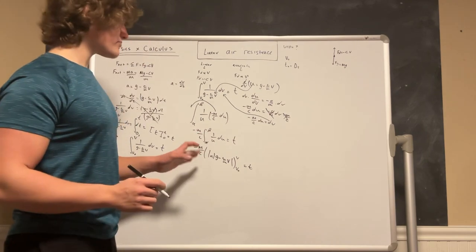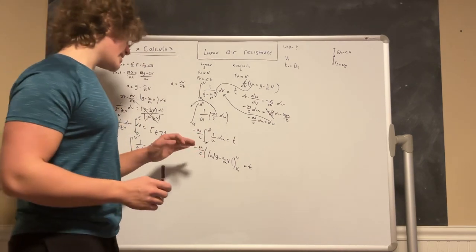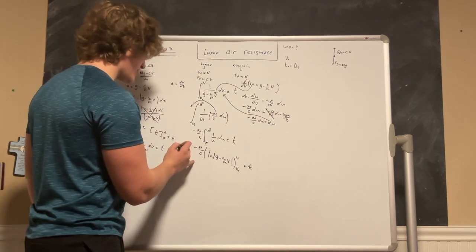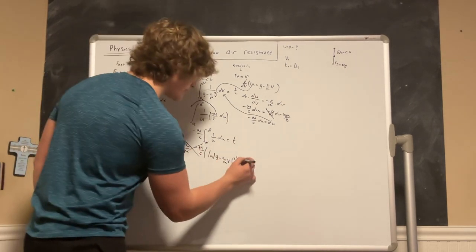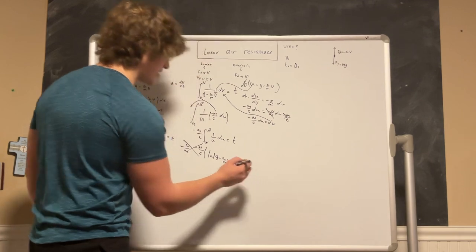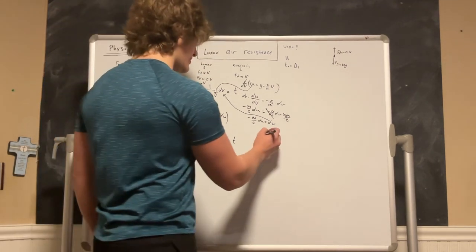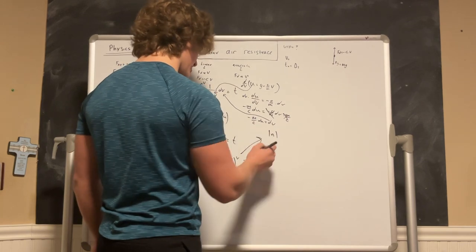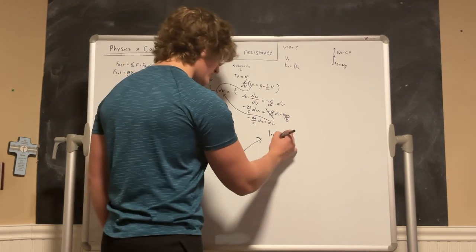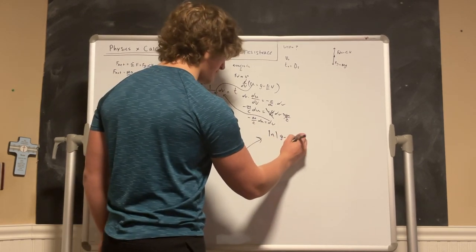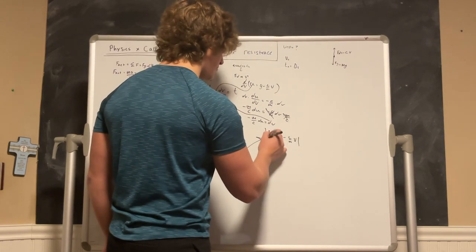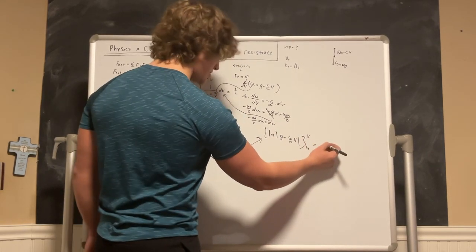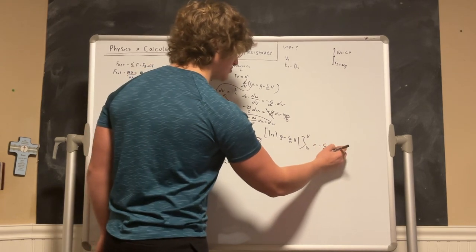So first let's multiply both sides by c over m and negative. This cancels all this out and we get negative c over m on this side. So this gives us that the ln of the absolute value of g minus c over m times v, evaluated from v sub 0 to v, is equal to negative c over m times t.